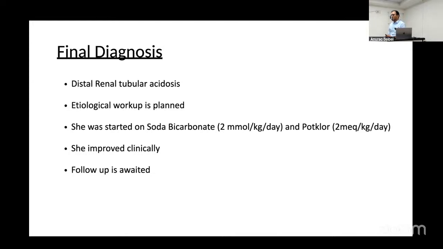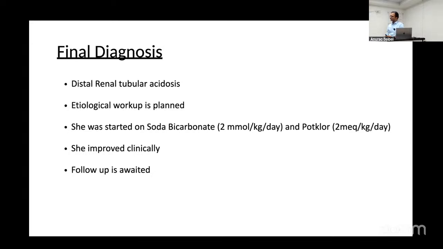So which patient of distal RTA will you like to start potassium right away as far as treatment is concerned? When you're starting bicarbonate, which patient will you give potassium? Hypokalemic periodic paralysis. And what we saw in the other group, there was a hypokalemic paralysis patient who had presented with 2.1 potassium.